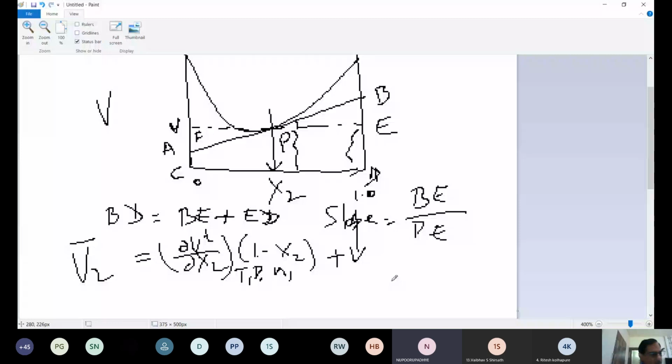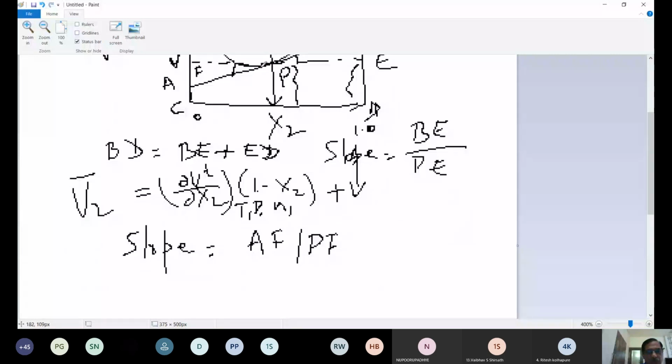Similarly, for V1 bar, if we take the slope on this side, what is it? AF upon PF, right? It is AF, this is the perpendicular, and base is PF.